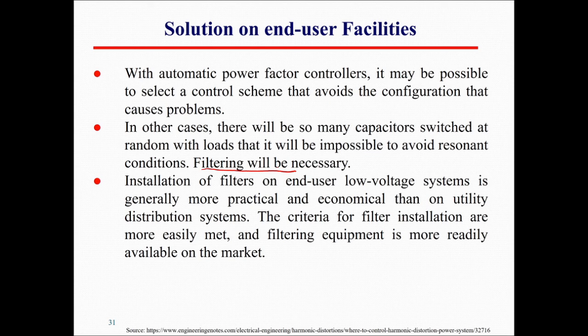Installation of filters on an end user low voltage system is generally more practical and economical than on the utility distribution system. The criteria for filter installation are more easily met, and filtering equipment is more readily available on the market.